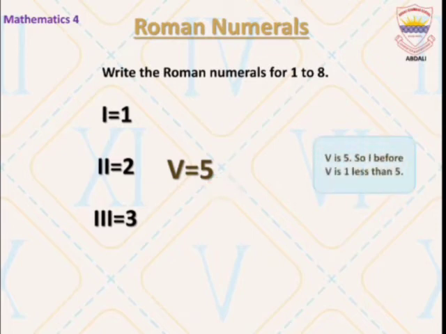Students, V is 5, so I before V is 1 less than 5. 1 less than 5 means 4. When we take 1 from 5, we get 4. IV is equal to 4.